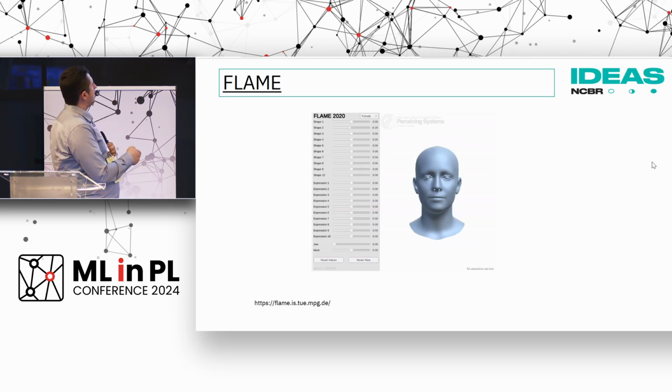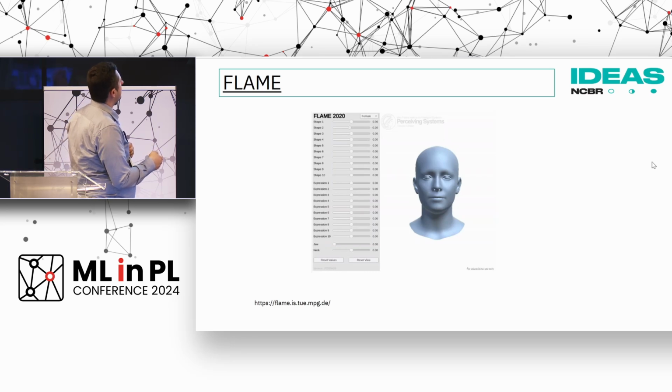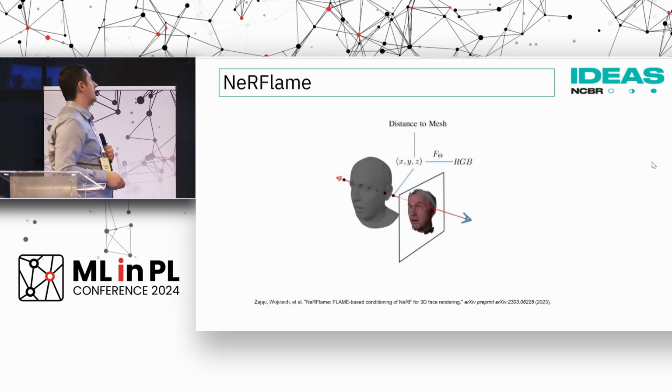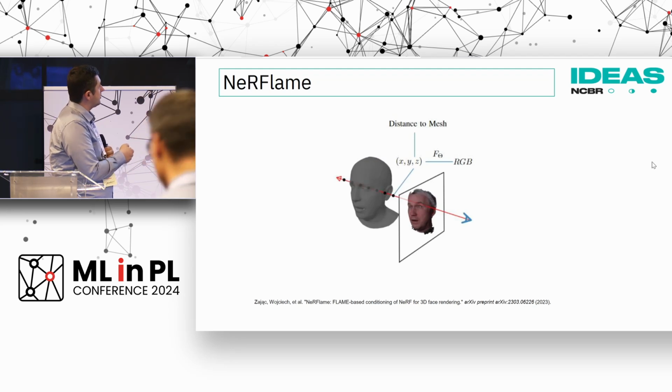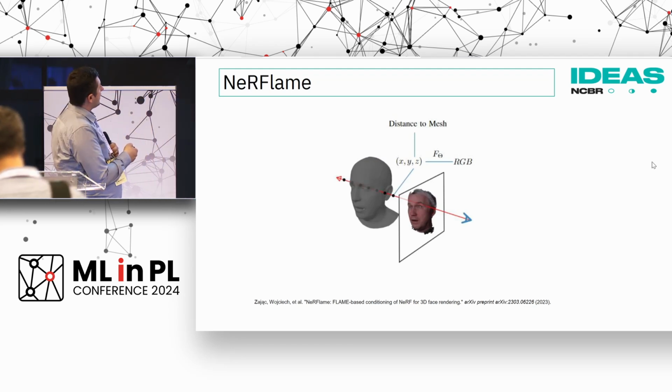Yeah. So here we want to produce avatars of people, and you know there exist a lot of models which generate meshes. So here we generate a mesh, and we want to train our NeRF. We combine it with the mesh in such a way that the NeRF can work only in some shell of the mesh.